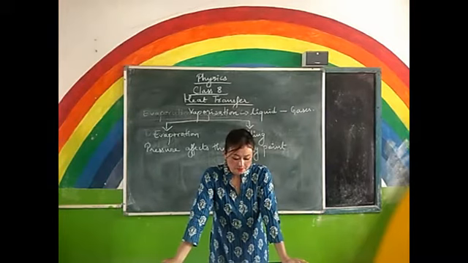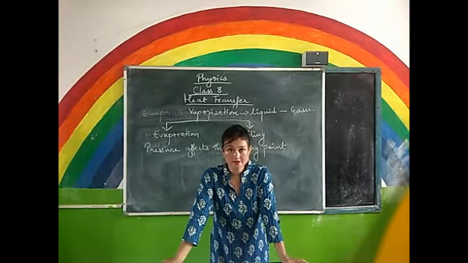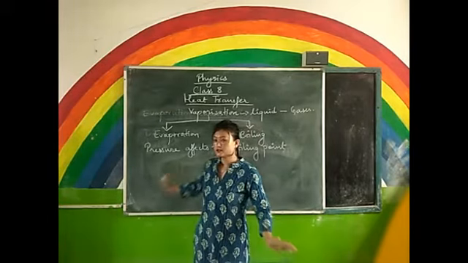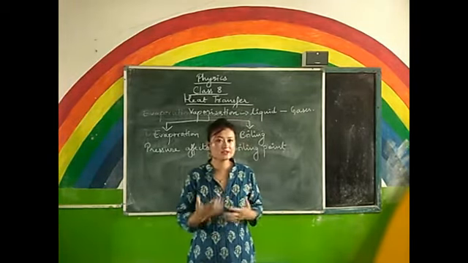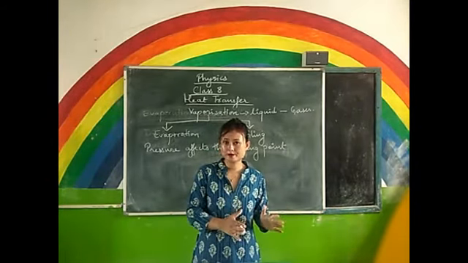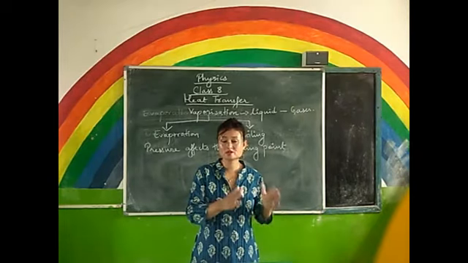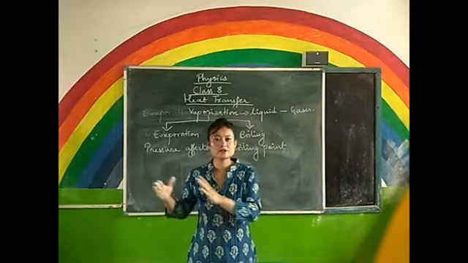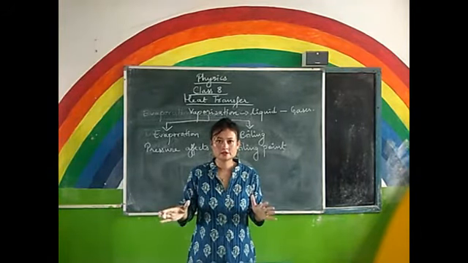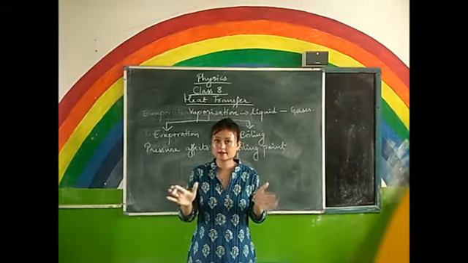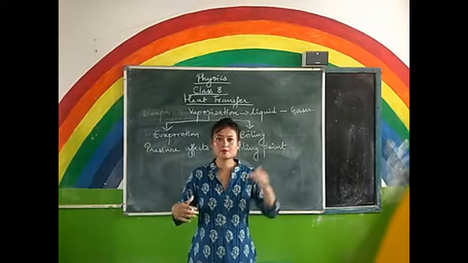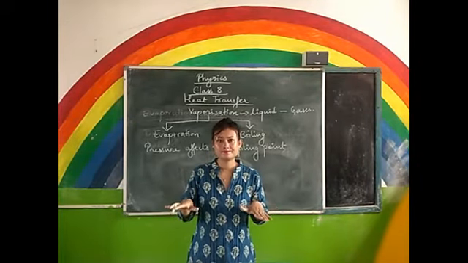The reason why the boiling point is affected by the pressure is because the pressure of the vapor and the atmospheric pressure will always be the same in a surrounding. For example, if we are in a hill region, whatever is the atmospheric pressure, the vapor pressure will be the same.